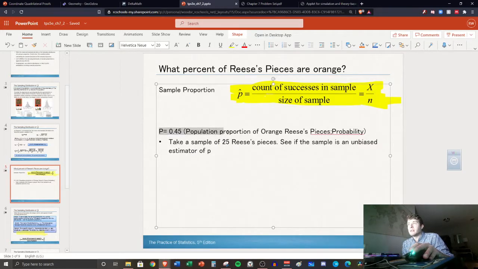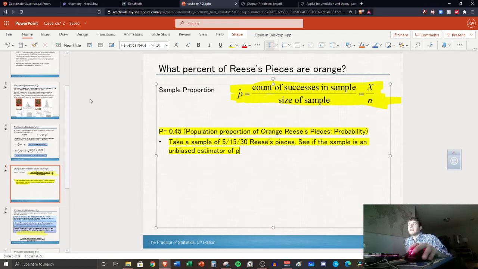Go ahead in your notes. You're going to write all of this here. Let me highlight all this. So we're going to go ahead and tell you p is equal to 0.45, the population proportion of orange Reese's Pieces, which is essentially the probability that you're going to get an orange piece of candy. 45%. We're going to take a sample of 5, then we'll go 15, and then 30 Reese's Pieces.